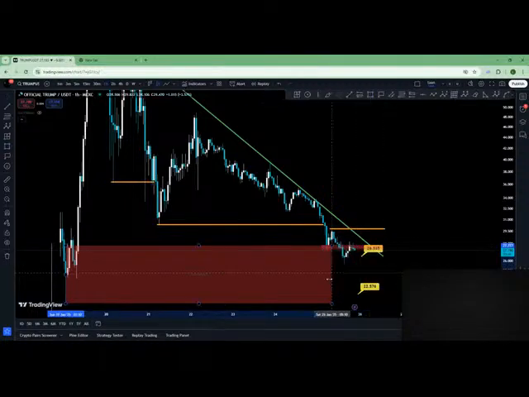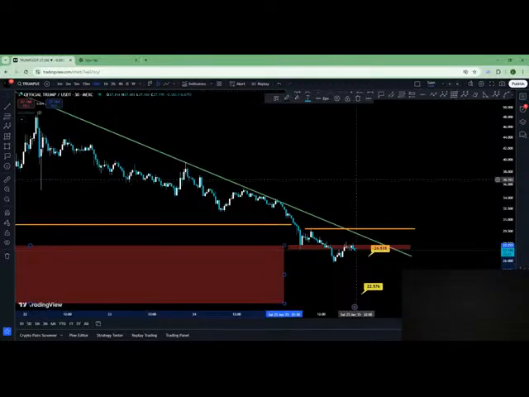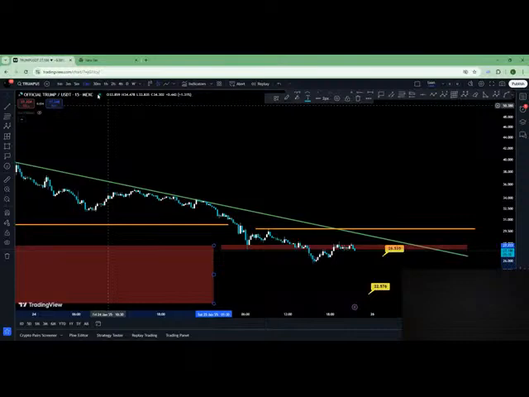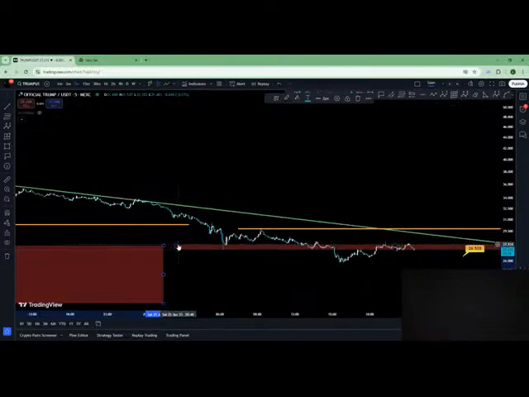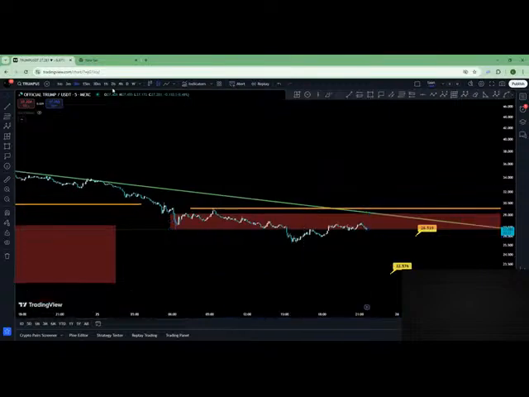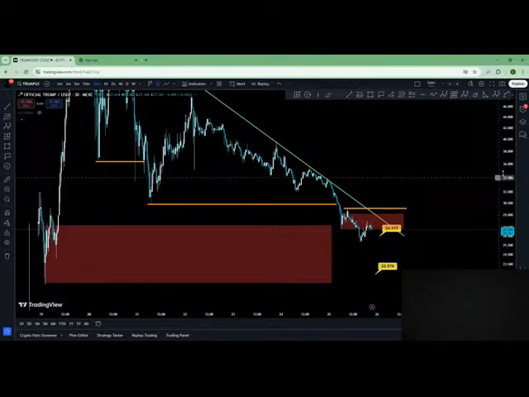I mean supply. Previously it was demand, and now it has become supply. Yes, this is the supply, and it's respecting that supply.